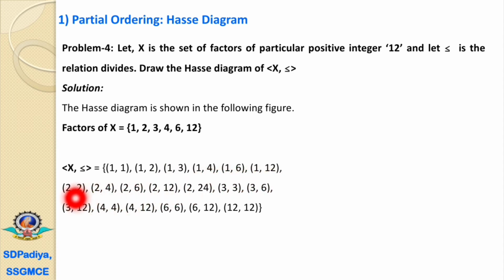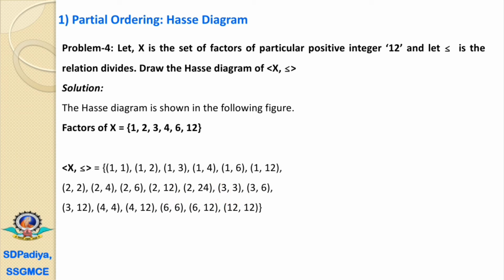The next (2,2), 2 divides 2, then (2,4), (2,6), (2,12), then (3,3), (3,6), (3,12), (4,4), (4,12), then (6,6), (6,12), and the last is 12 divides 12, that's why (12,12).